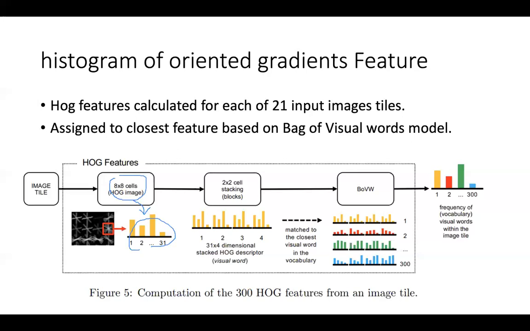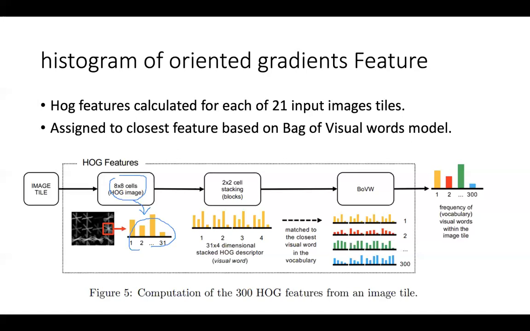It's probably to reduce the feature space. But there's not much feature space, because for each tile they have 31 times 4, right? Each tile will be converted into a vector with only 31 dimensions.